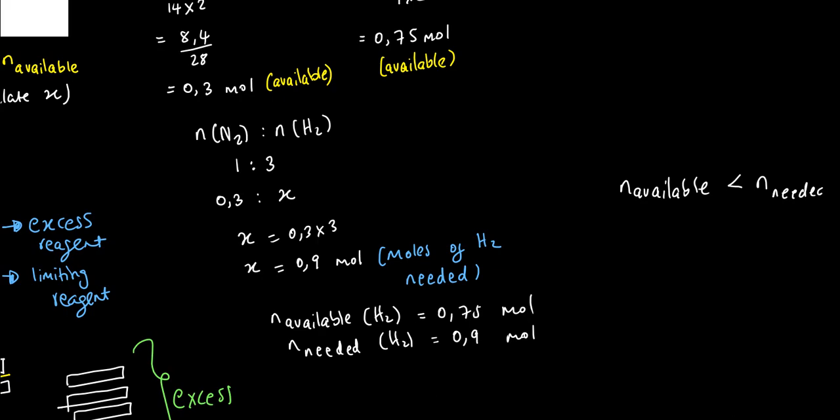So which tells us, is hydrogen limiting or excess? We go here. If the ones that are available are less than needed, that's the what?